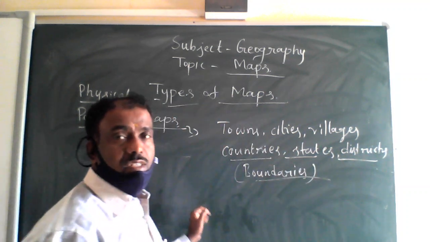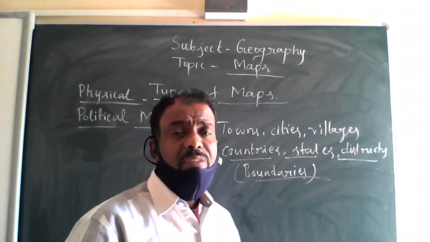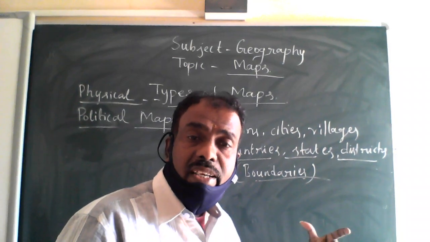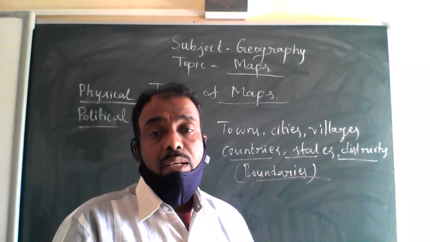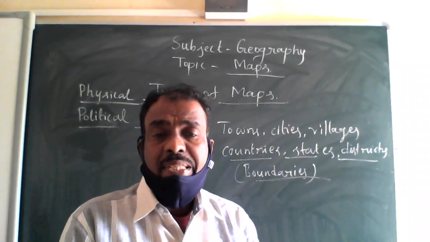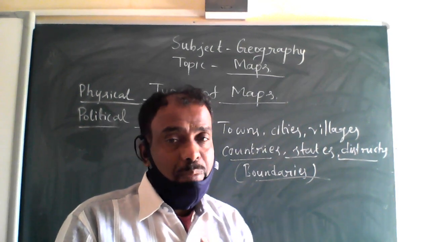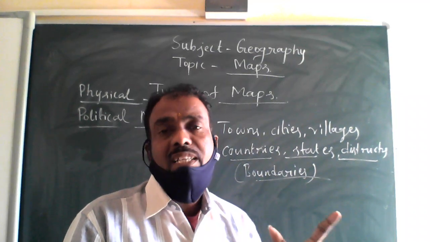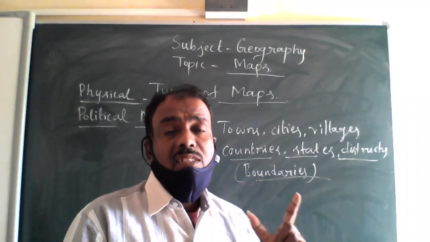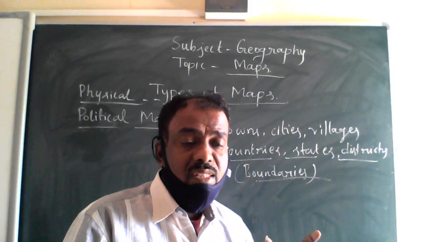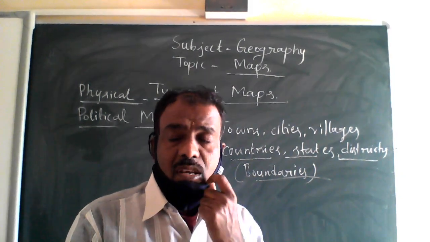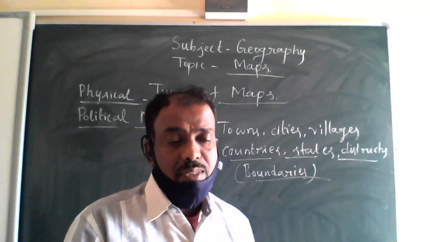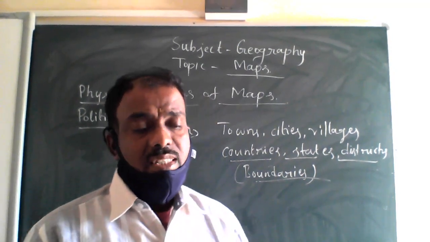So then we can very easily identify from where to where that particular country extends. The exact physical region of that respective state or country, the boundary of those states and countries, is also very clearly shown in these maps. And these maps are called political maps. Getting, dear students?